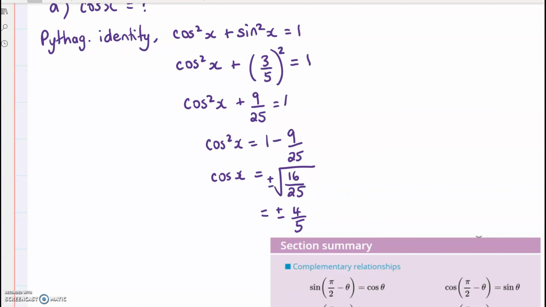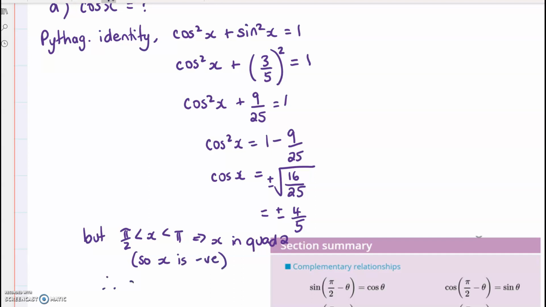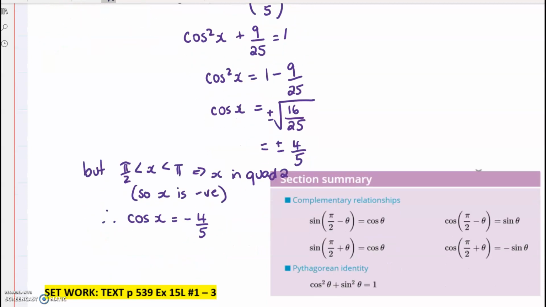So I know that they've told me that x lies between 90, or pi on 2, and pi, which tells me that x is going to be in quadrant 2. And in quadrant 2, cos is going to be negative, so x just needs to be the negative value. So my answer for cos x, I'm going to leave it as a fraction because the question told me that sin x was a fraction, so let's leave it as a fraction. Cos x is negative 4/5. Okay, and that's my answer.